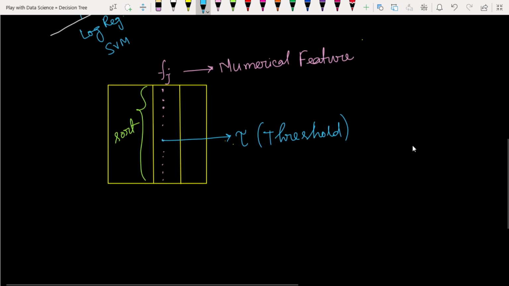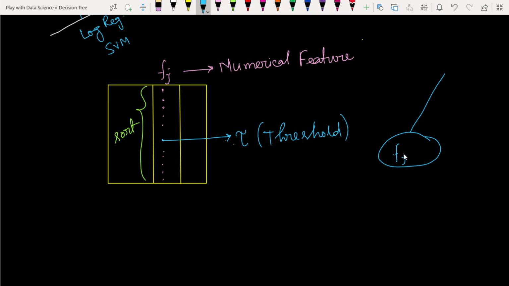Now according to this tau, after some depth of the decision tree, we split our tree on this feature. If the condition is yes, we go to this branch; if it is no, we reach the other branch. We have already seen such splitting.